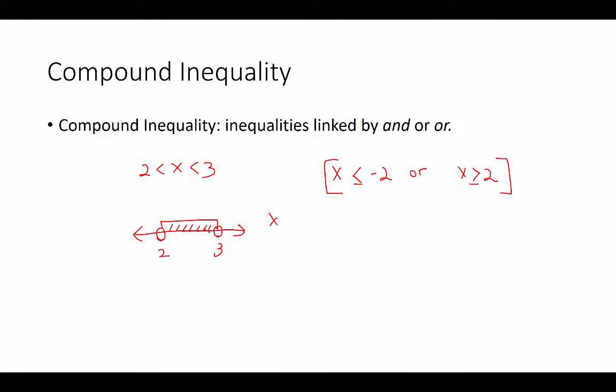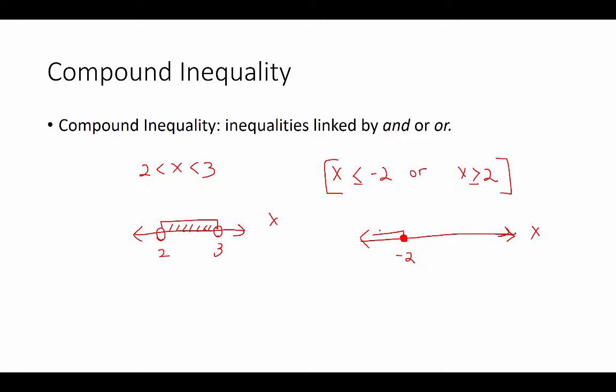Okay. Another thing I need to mention is if you see no equal sign in the inequality, then do not fill this circle here. So on the next example here, I said x is less than or equal to negative 2. So you draw the number line, and this time I can fill that circle on negative 2, and this is an x-axis, and it says x is less than, right?